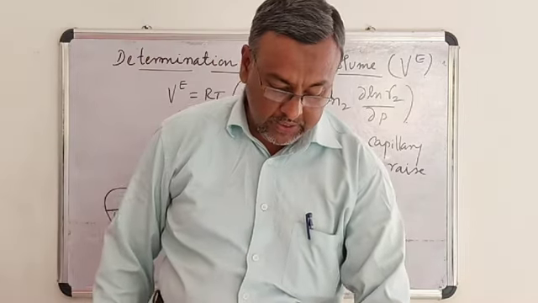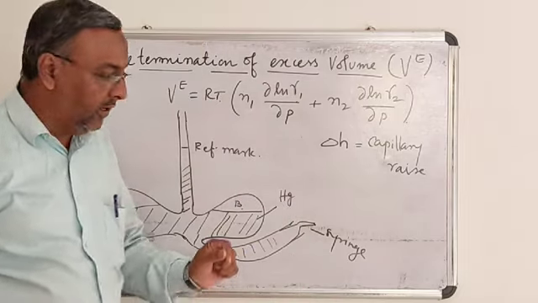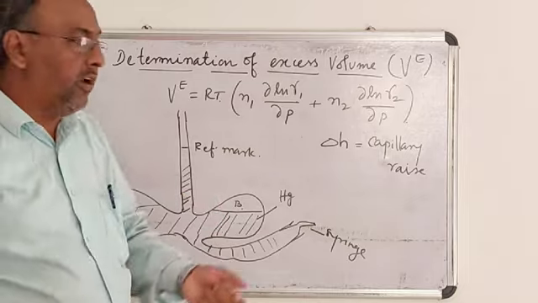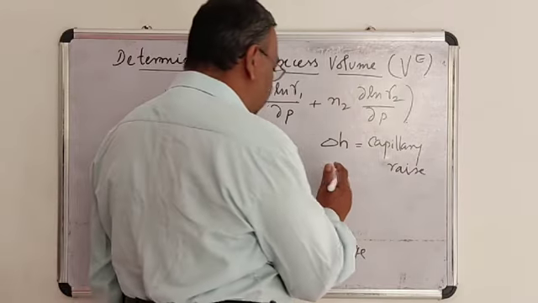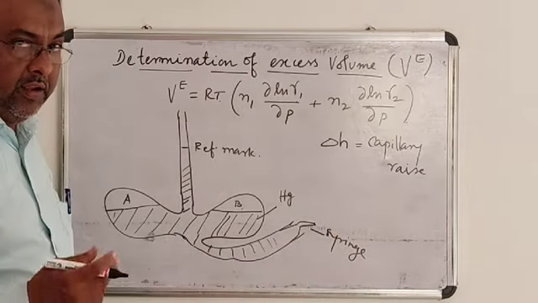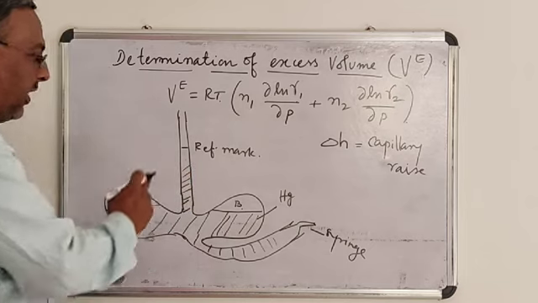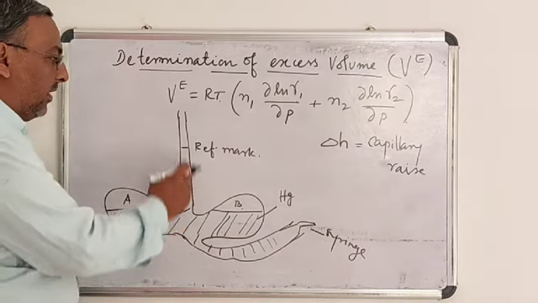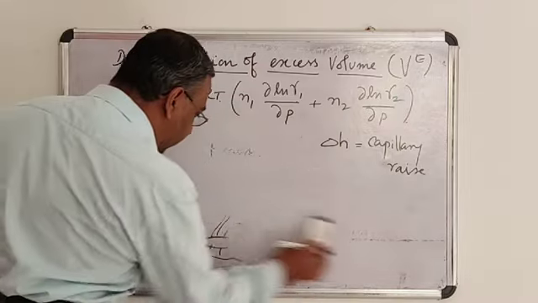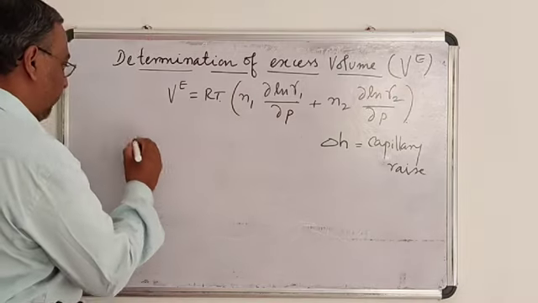So therefore, this difference in the height before mixing and after mixing is calculated. The height of the mercury in the capillary tube before and after mixing is calculated. From this, how to find out the excess volume? The excess volume is calculated by using this equation.